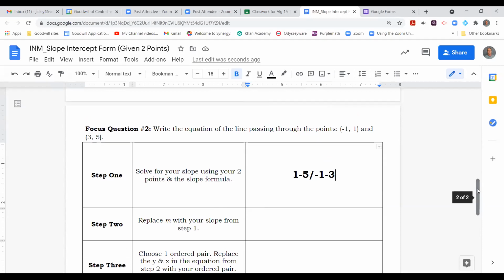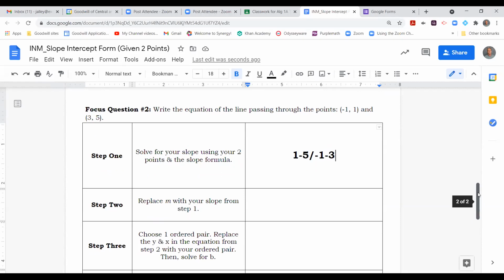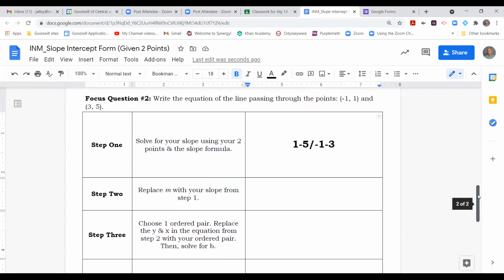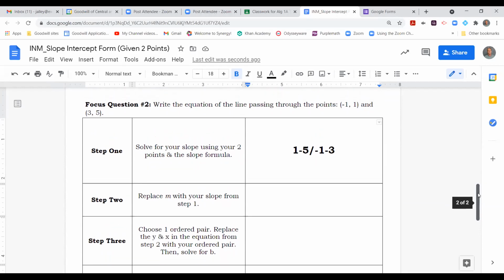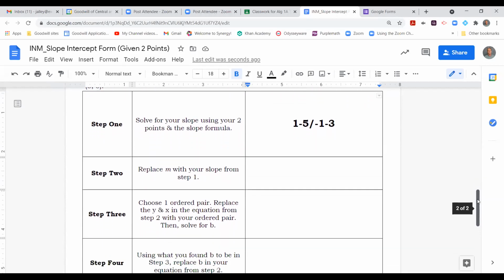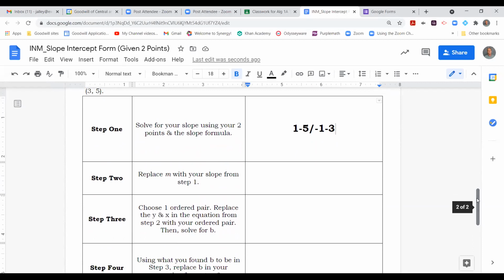I don't know, which point did you use, Kathy, to get that? Did you use the first one or the second one? I used 3,5? Okay. Yeah, I used the other one just because both numbers were 1.